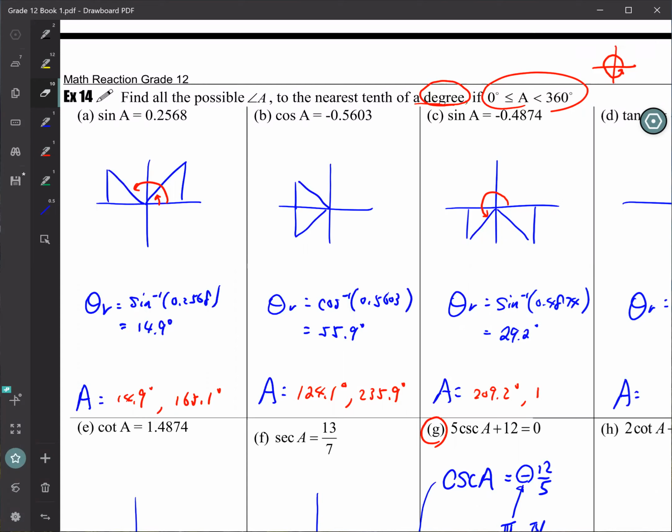How about the second one? 360 minus 29.2. Yeah, 360 take away, so it should be much bigger, right? 330.8. Okay, let's look at question D.